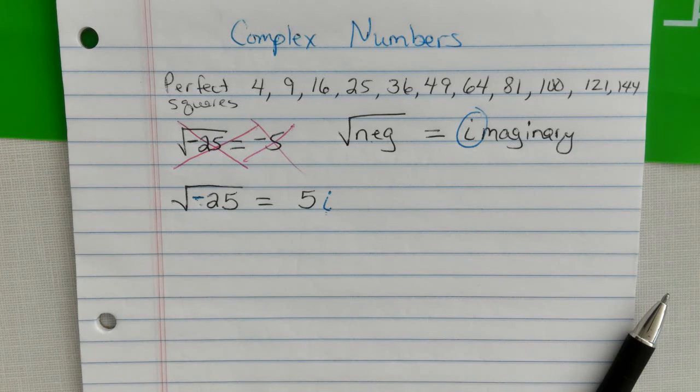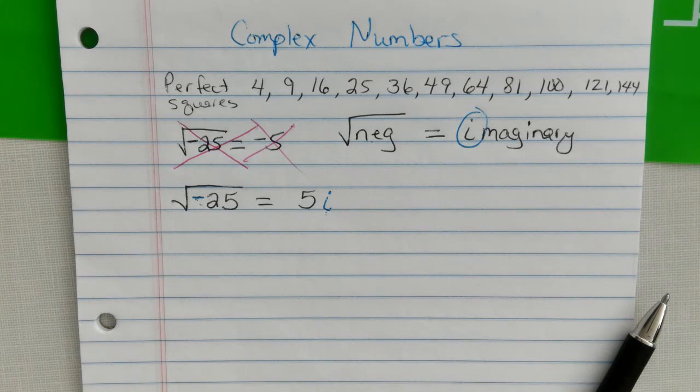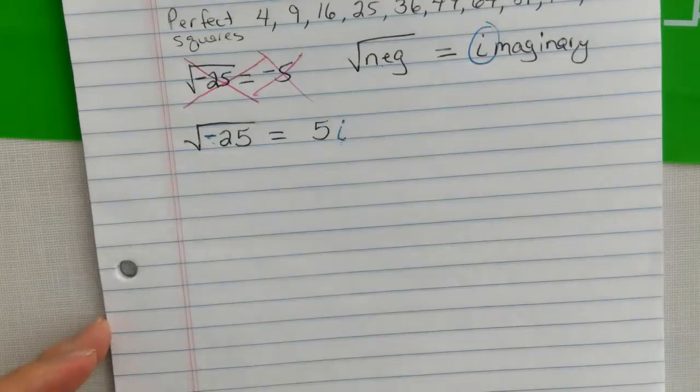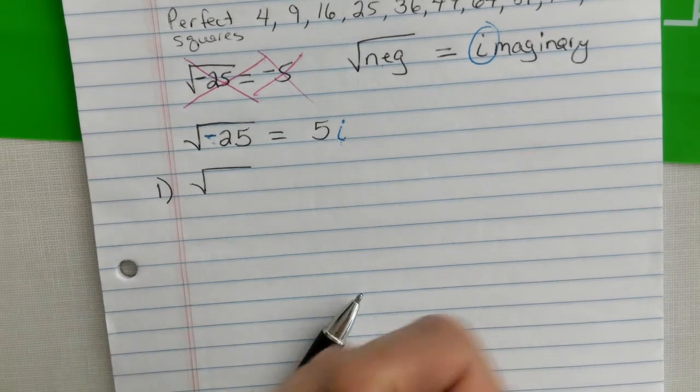Let's look at problem number 1 in this assignment. Here it is. Square root of negative 81. So this is problem 1.